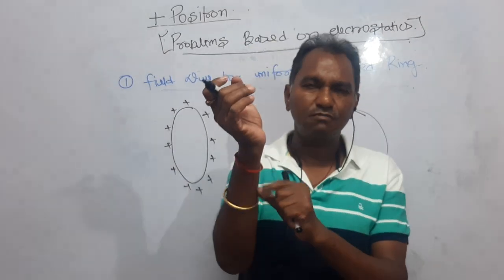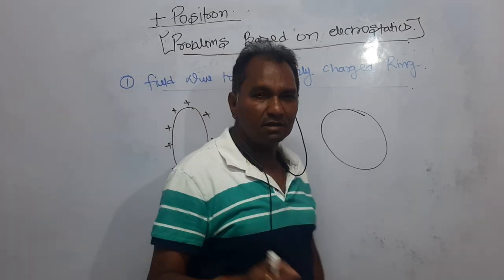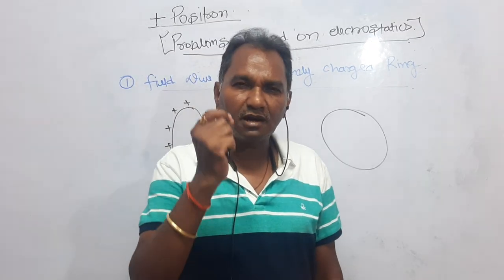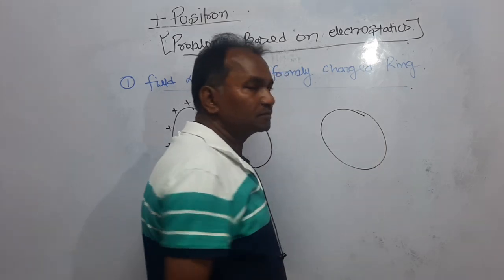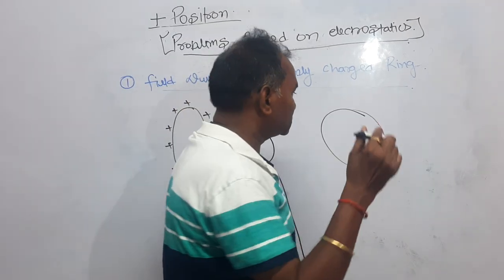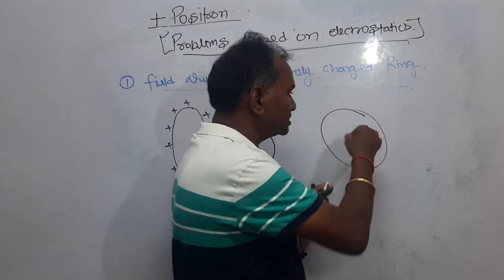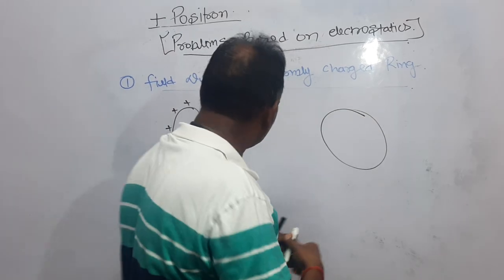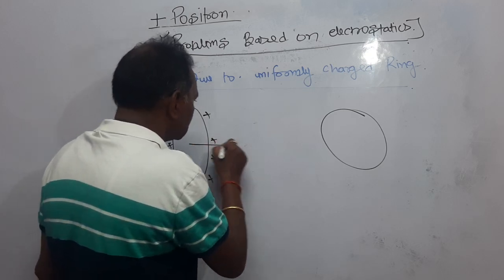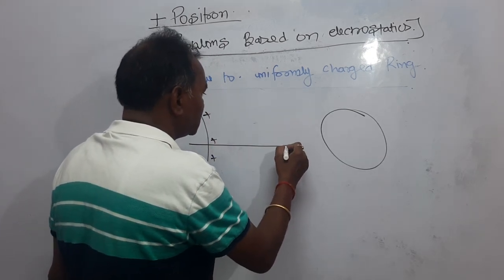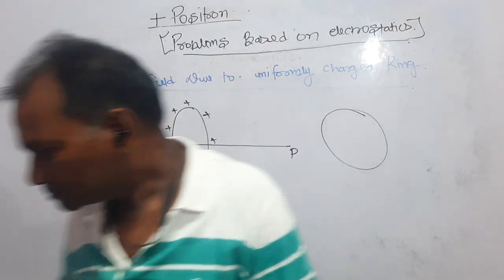Because we have to find the field at a point on the axis of the ring, and the axis is like this, that is, passing through the center and perpendicular to the plane. So the axis would exist at this point. That is why I have to make this shape, so that I can draw the axis like this, and there is a point P here where we have to find the field.